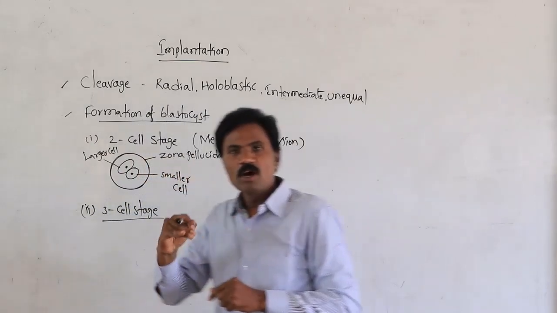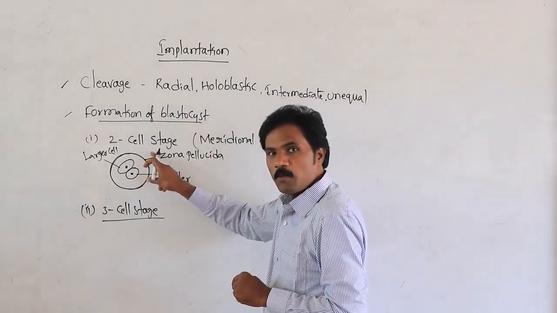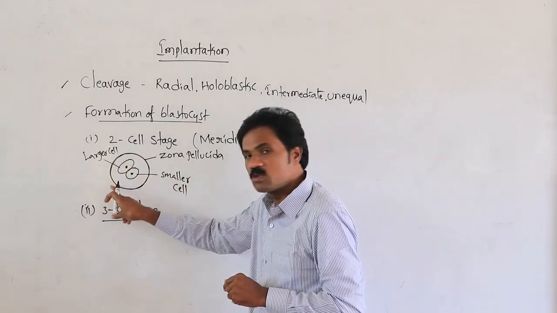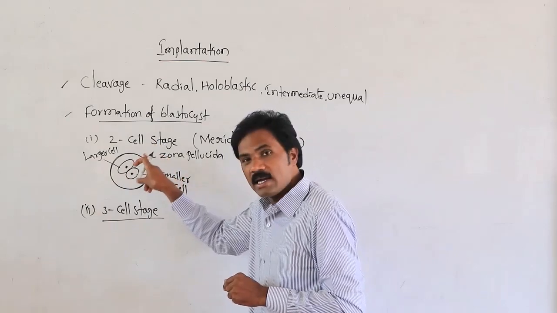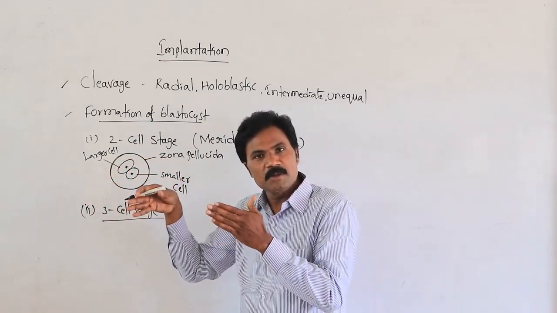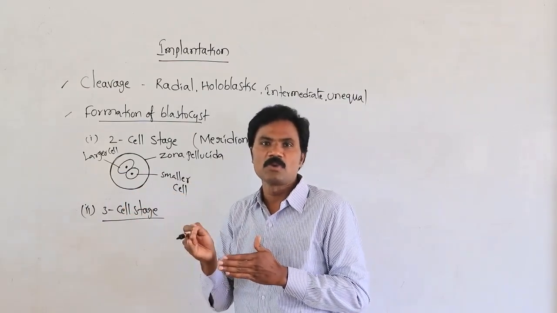It is not horizontal, it is vertical, between the animal pole and the vegetal pole. Towards the animal as well as the vegetal pole, in that direction, it undergoes the first mitotic unequal division. One is larger, another one is smaller.